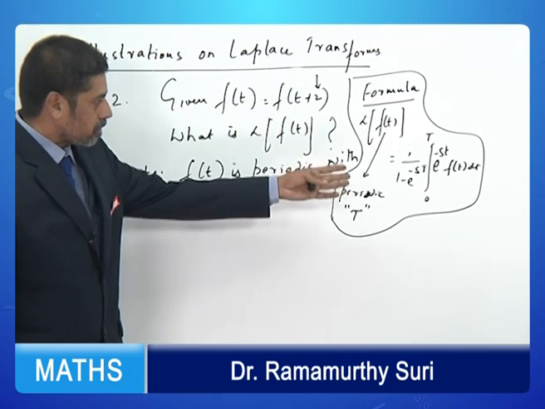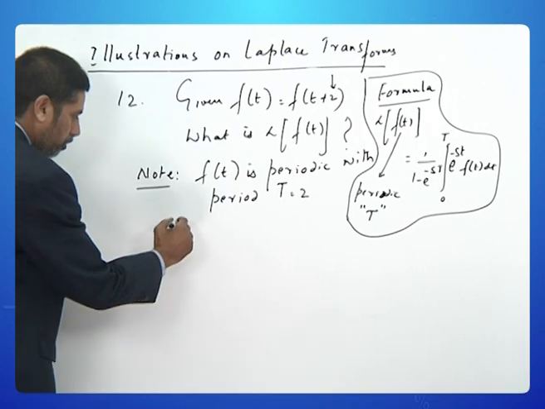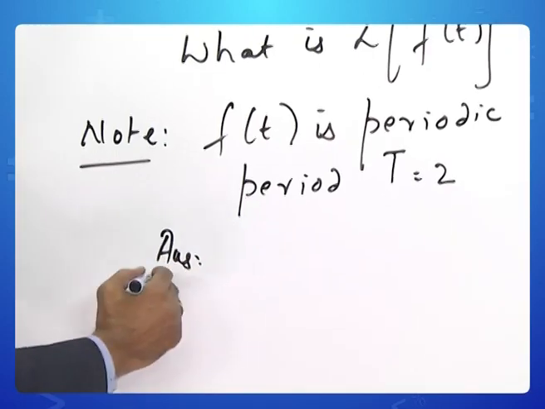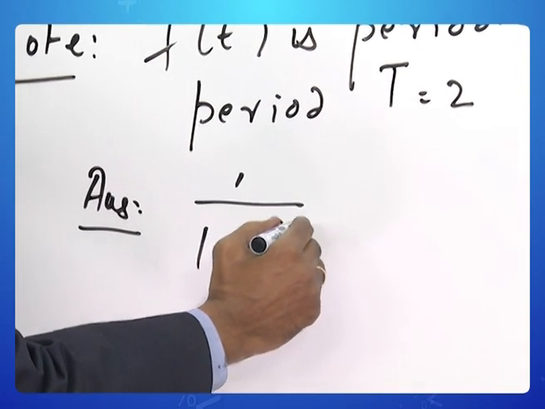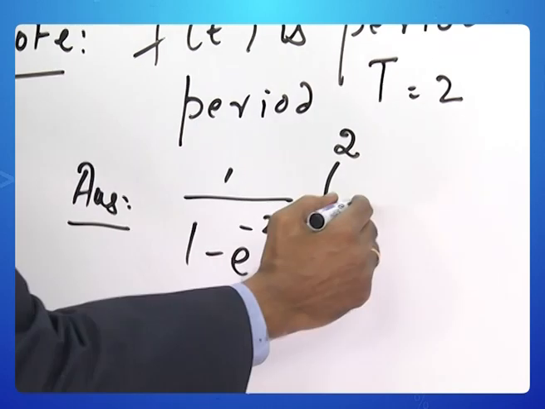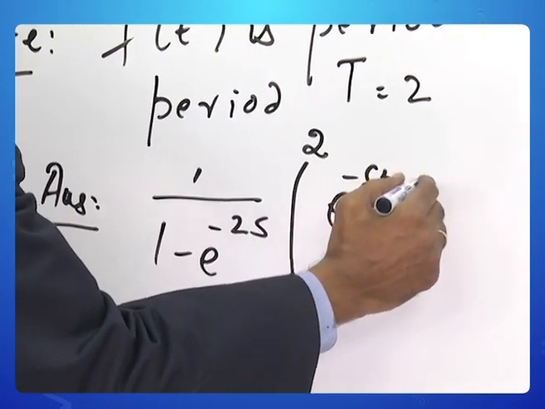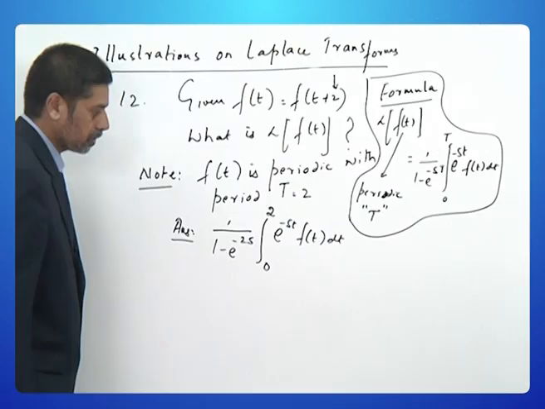So, apply this formula to this context with capital T is equal to 2, and what do you get? Answer: 1 by 1 minus e power minus 2s integral 0 to 2 e power minus st f of t dt.